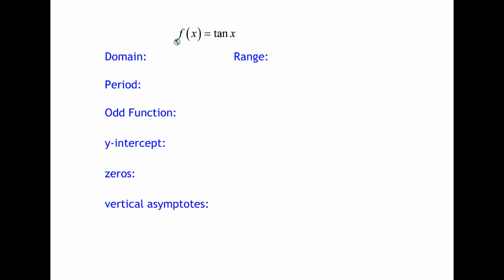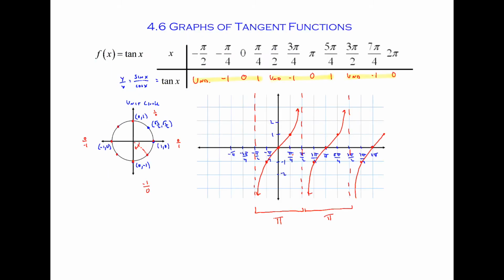All right, let's take the parent function for tangent, f of x equals tangent x, and find some of the important parts. The domain. The domain is going to be x such that x cannot equal, and if you go back, it cannot equal pi over 2. That's where the first vertical asymptote is.